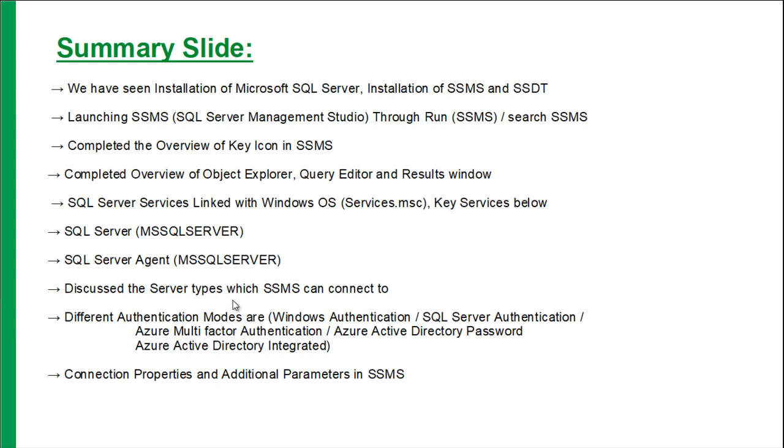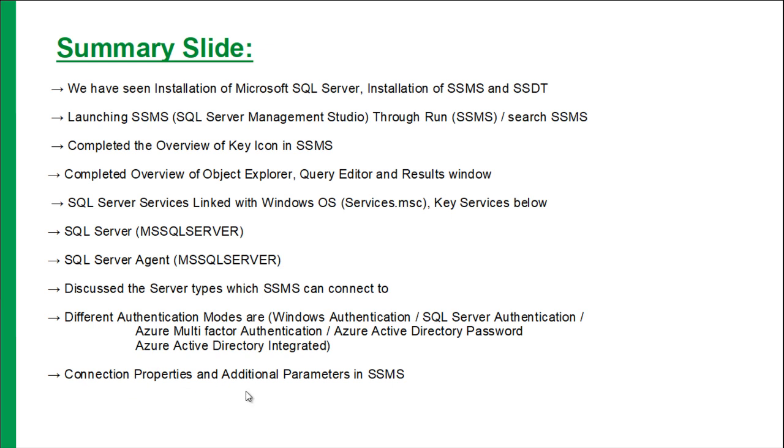We also discussed the server types which SSMS can connect to: database engine, analysis services, integration services, reporting services. And the last one is the authentication modes: Windows authentication, SQL Server authentication, or the mixed mode of authentication. And there are three other options to connect to Azure.